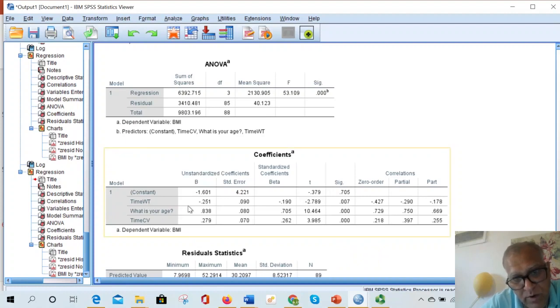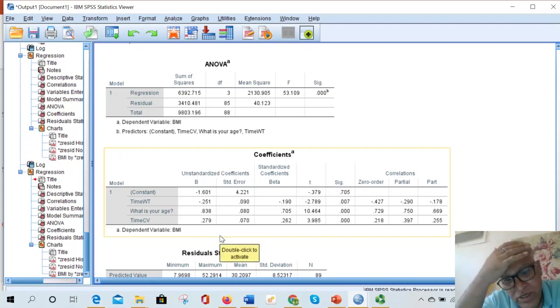So for 1 kg loss, or 1 point loss of BMI, you need a 0.1 to 1 point increase, or 1 minute increase, in time on the weighing machine. If your age increases by 1 year, your BMI goes up by 0.8, which means after every 10 years of age going up, your body mass index goes up by 8.3%.